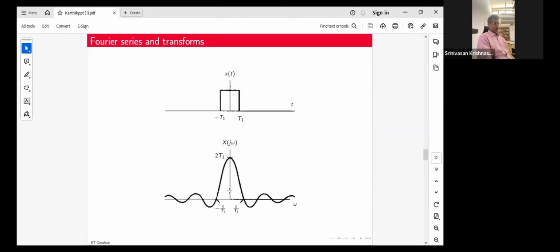You have some amplitude at zero frequency, and this tells you the magnitude response for various frequencies. Suppose I take this as a signal, the Fourier transform of the square wave is precisely this signal that you see down there. Are these concepts of Fourier series and transforms clear to the audience?